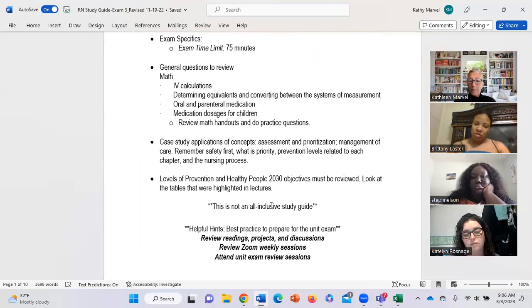You should be doing case studies in your classes. Assessment and prioritization. Management of care. So think ADPI. Everything we do in community is also ADPI, but you need to be able to take your ADPI for, say, a patient on your med surg floor.